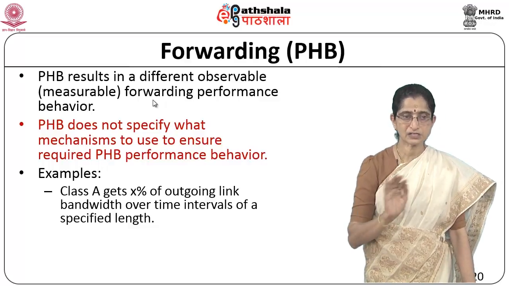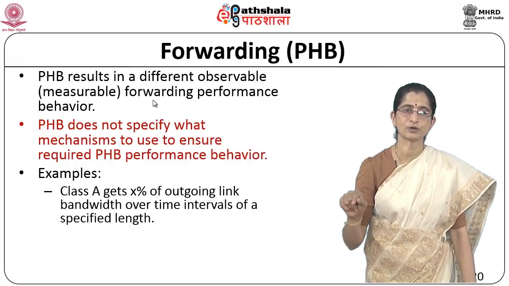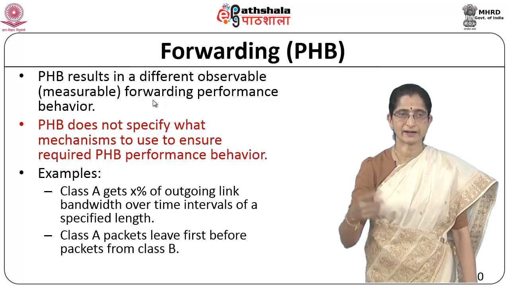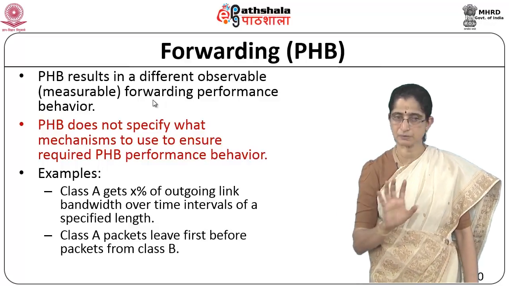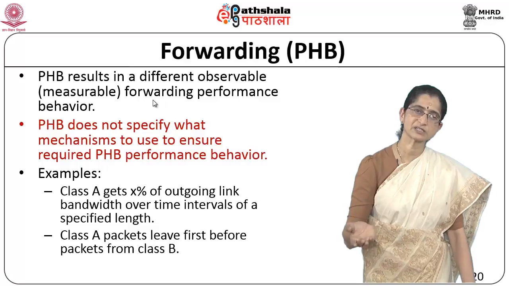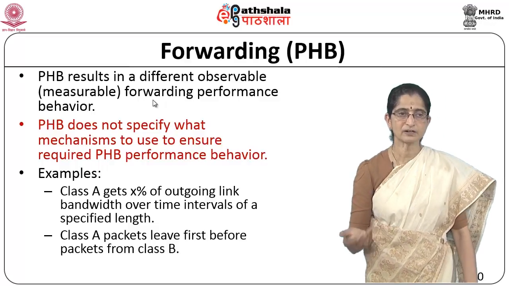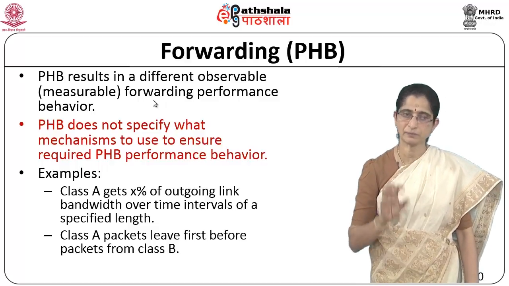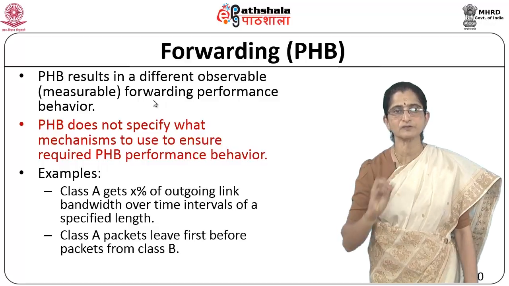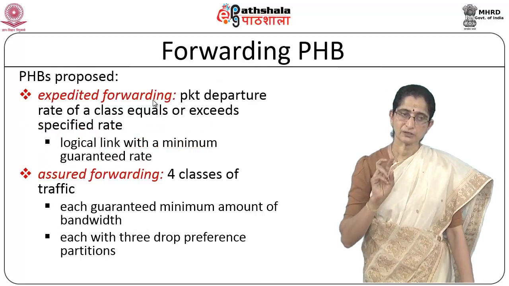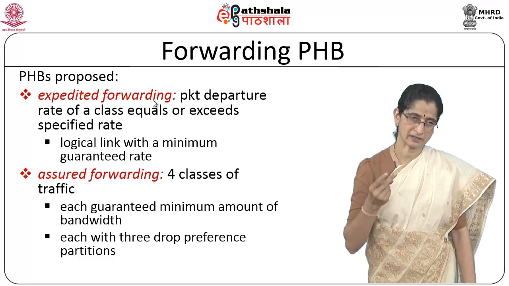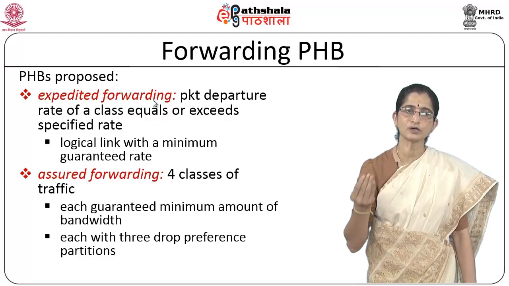For instance, it does not say that class A should get X% of outgoing link bandwidth, or that class A packets must leave first before packets from class B. None of this is specified. All that is left to the service provider in terms of how they want to implement the per hop behavior, but it just defines different classes of per hop behavior. The per hop behaviors that are specified in DiffServ fall under two categories.